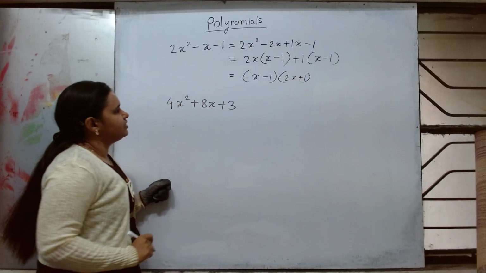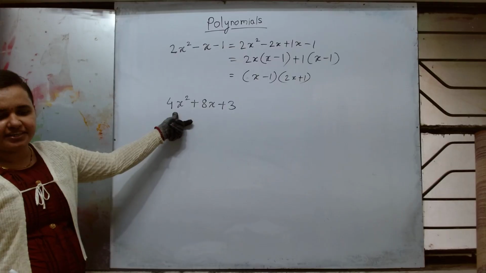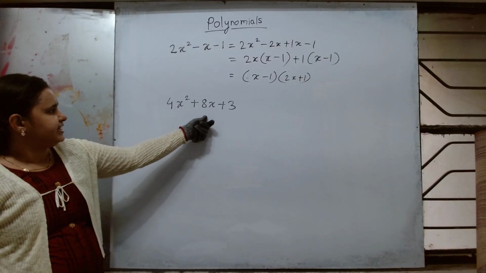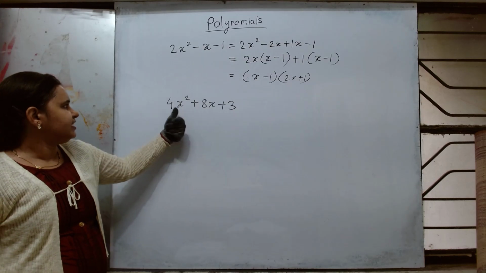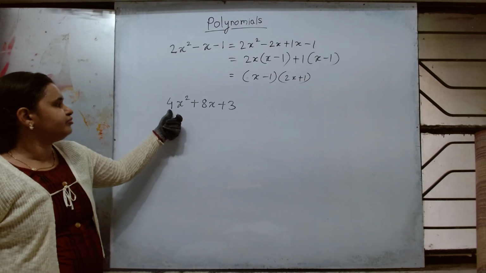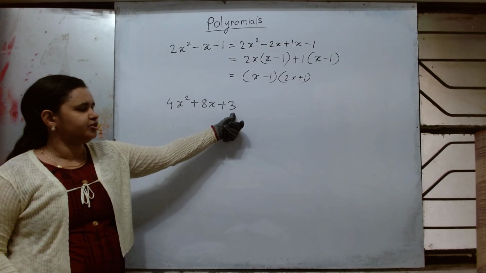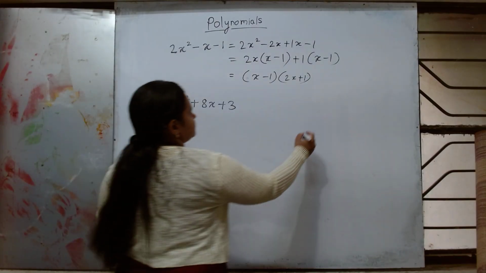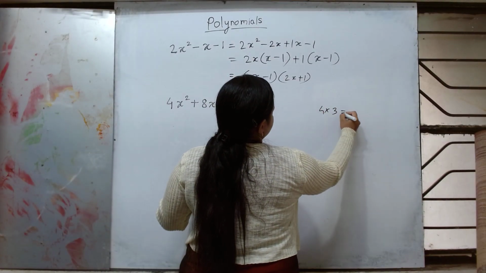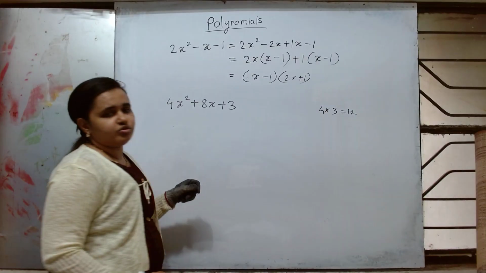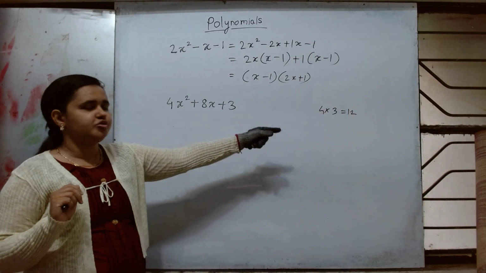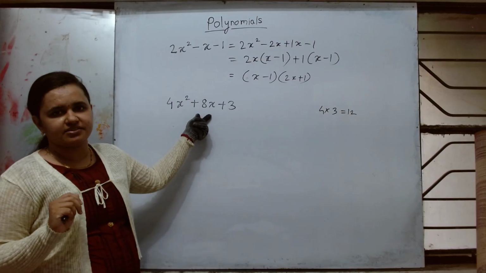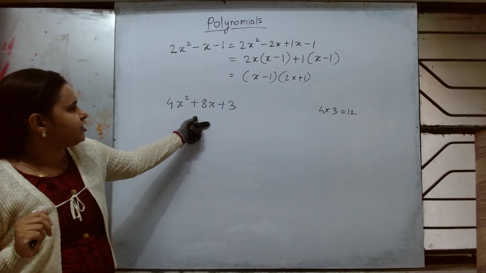Okay. Now for 4x square plus 8x plus 3, again the same. Here x square's coefficient is 4, so we have to multiply 4 into 3. 4 into 3 is 12. So we have to find two numbers whose multiplication should be 12 and sum will be 8x.